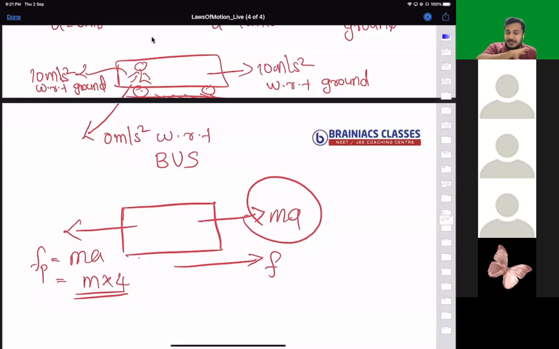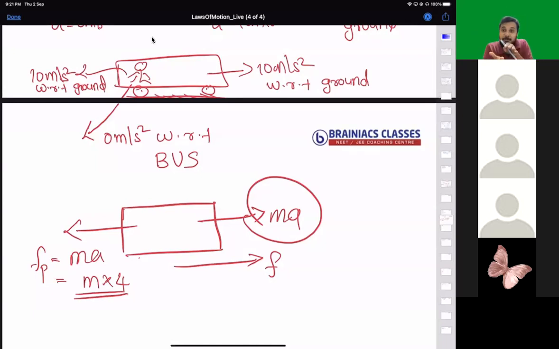Pseudo force is taken in detail in the video lectures as well, but there is nothing to learn by heart here. In physics, it is zero percent by heart, it is all concept. Pseudo force is backward, so friction is opposite. What is given? The net acceleration of the box with respect to the truck is 0.